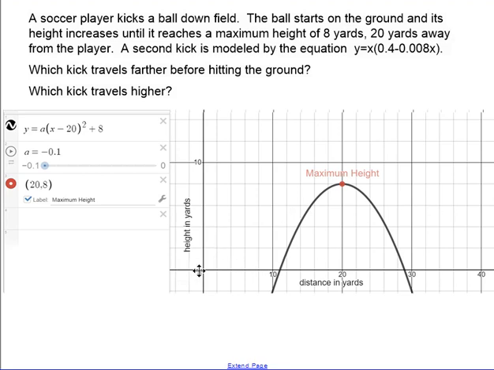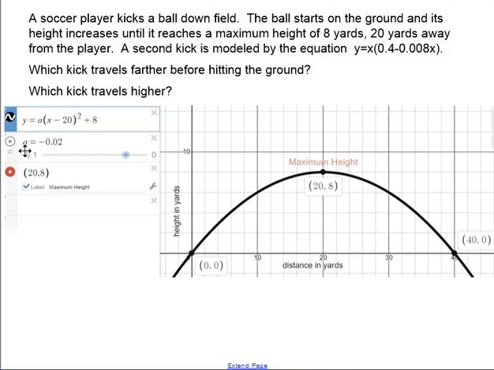Now I know that based upon my axis of symmetry going through the vertex, if it's going to go up and have a maximum height at 20 yards away, that's actually going to be reflected over, and it should match over here coming down at 40 yards away. But let's move the slider and find out.